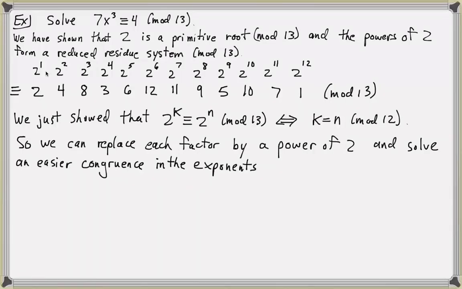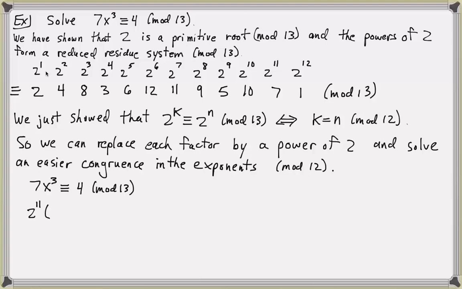But when we solve it in the exponents, we'll be working mod 12. So then our congruence 7x cubed congruent to 4 mod 13. I can rewrite 7 as 2 to the power 11. So 7 is congruent to 2 to the power 11.